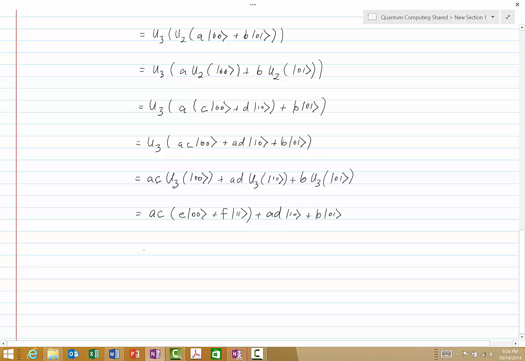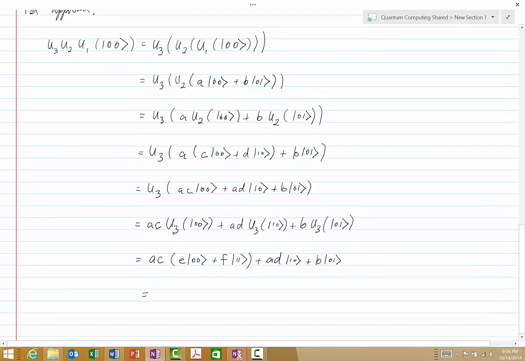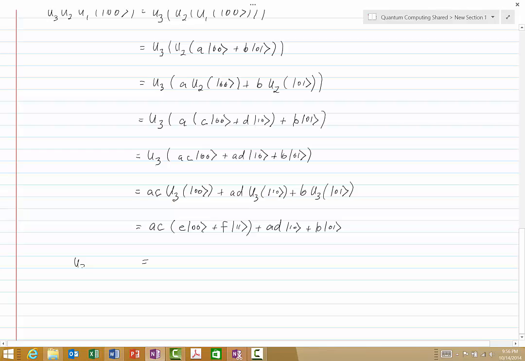Therefore our final answer is that U3, U2, U1 acting on 0, 0 is equal to ACE 0, 0 plus ACF 1, 1 plus AD 1, 0 plus B 0, 1.